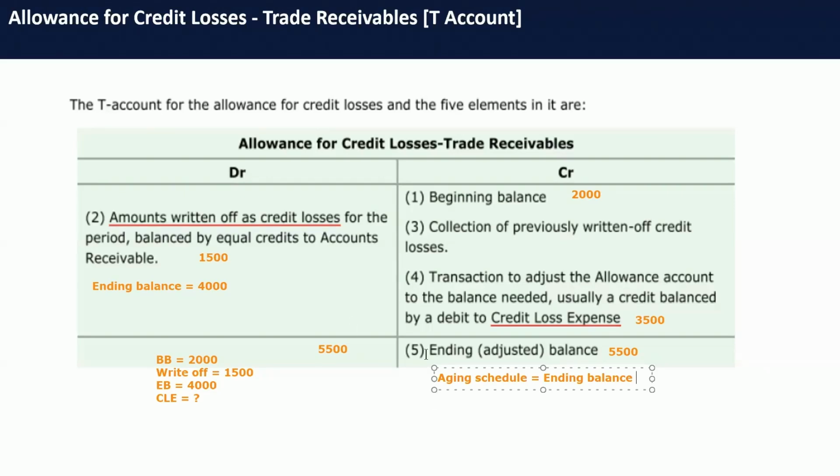If you get confused with this ending balance, just take it here. This balance, as they have written here, that is the carried down balance for next year. You can write it down here as well. Okay. Yes. So now is everybody clear with T account? Just learn how to balance your credit loss expense.